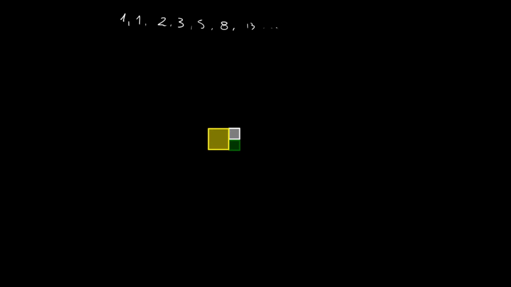This is all very approximate because I'm not actually measuring the sides, but they sort of measure 1 and 2. Then the next one is of sides 3, so it looks something like this. The next one is of length 5, so it'll be something like this.